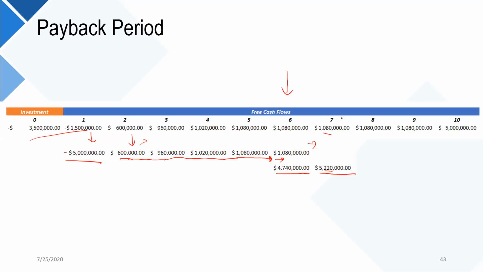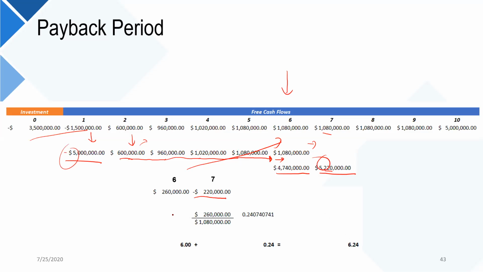Year 6 is this one, and in year 7 we need 220, the difference between this one and the initial investment. Why the hell? This is incorrect. This should be 220. I'm sorry. Help me out with the formula, with the value. This should be 220,000 over 1080.